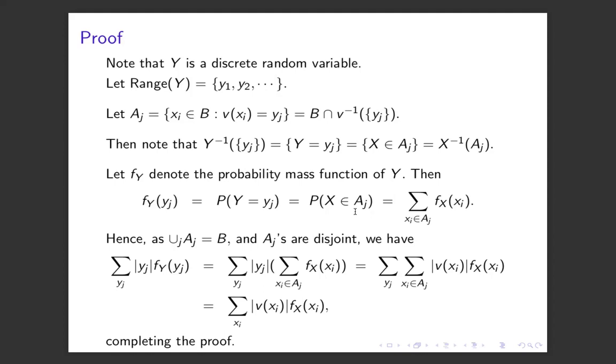This Aj is an at most countable set, whose elements are points in B as well as in V inverse of yj, and that is the sum of f sub X at xi, with xi varying over Aj. And this will be a finite number, less than or equal to 1.